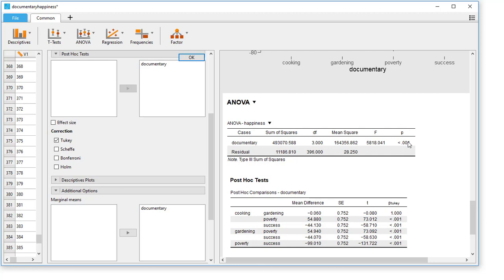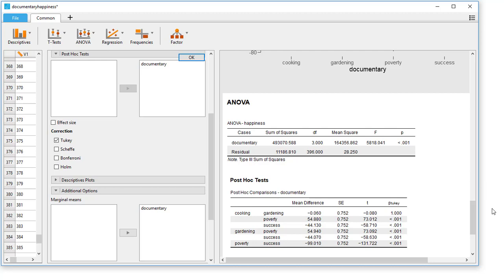That's the p-value. So here it is. This means that the variable documentary affects the happiness ratings. So we reject the null hypothesis.